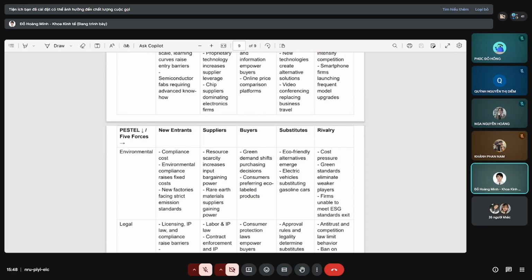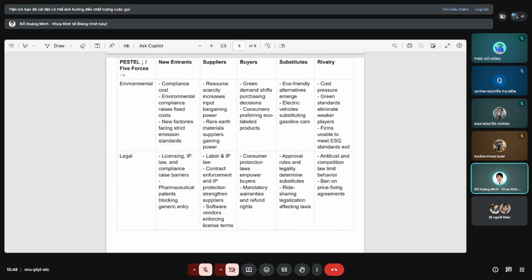And the final one is legal, the regulation or the law. Some pharmaceutical firms hold a patent, and if the country can successfully and effectively enforce the IP law, the industry has a high entry barrier.